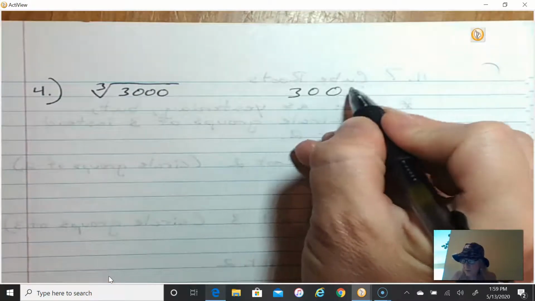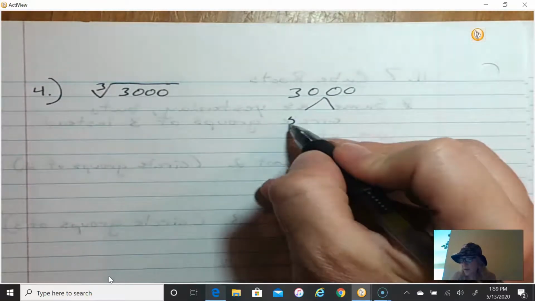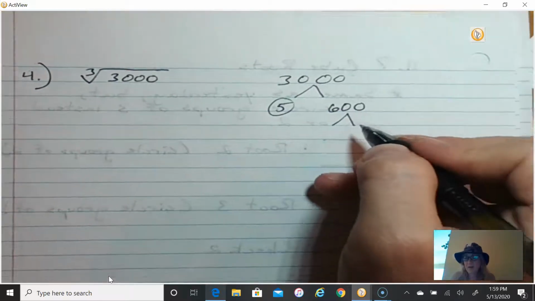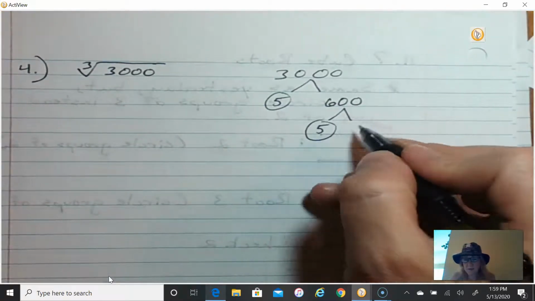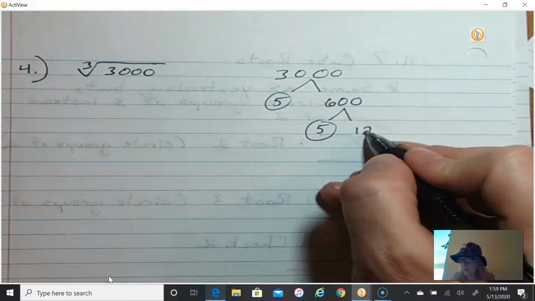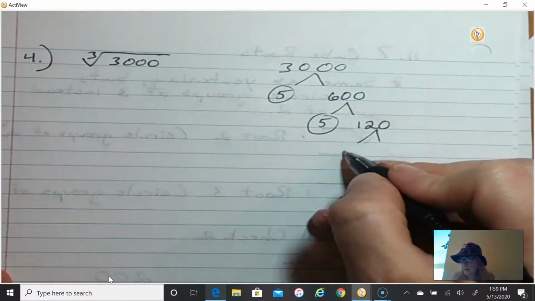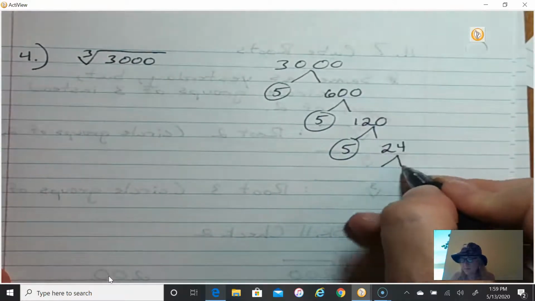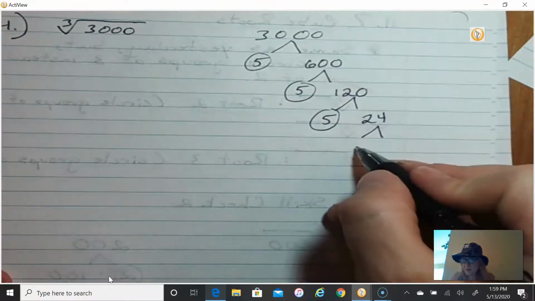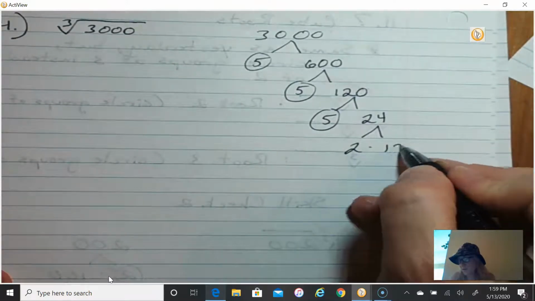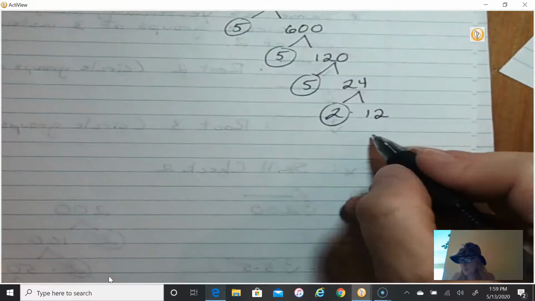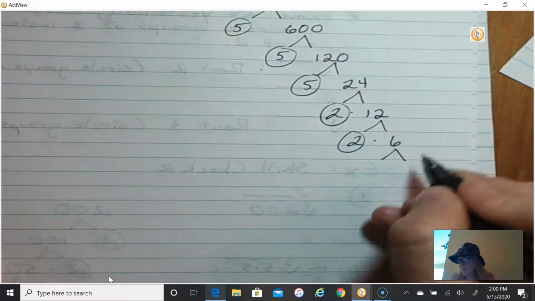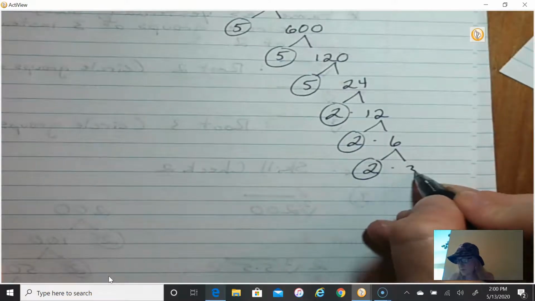All you do is come over here, do your factor tree. 5 can go into 3,000 600 times. 5 can go into 600 120 times. 5 goes into 120 24 times. 2, you can say 2 times 12 gives you 24. 2 times 6 gives me 12. And then 2 times 3 gives me 6.